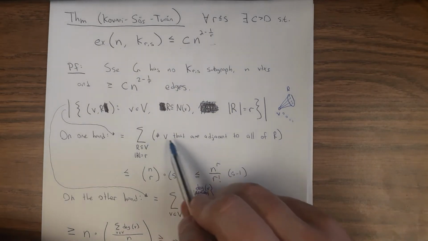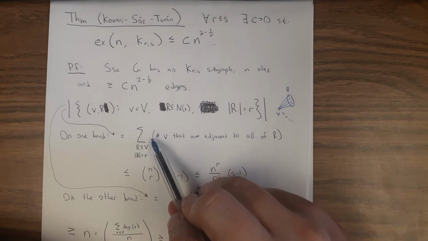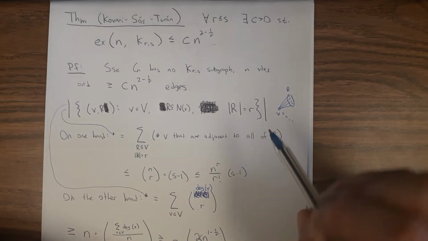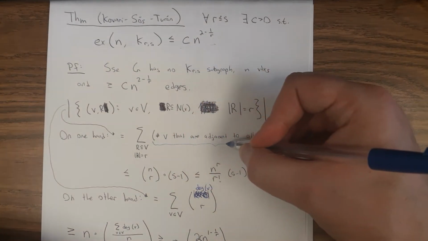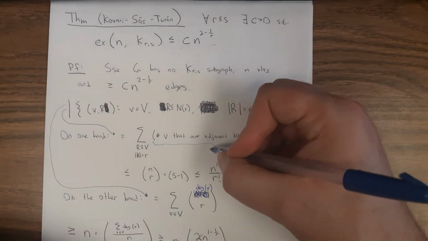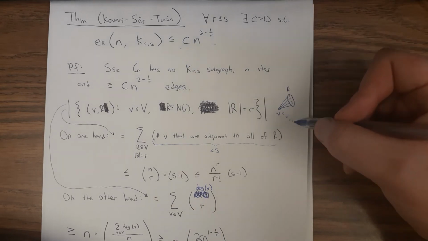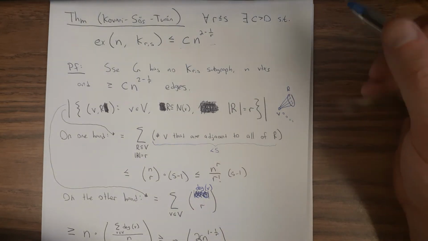So when I add this up, for each R, the number of v's that go with it is less than s, because if there were s of them, then I would have a K_{r,s}.